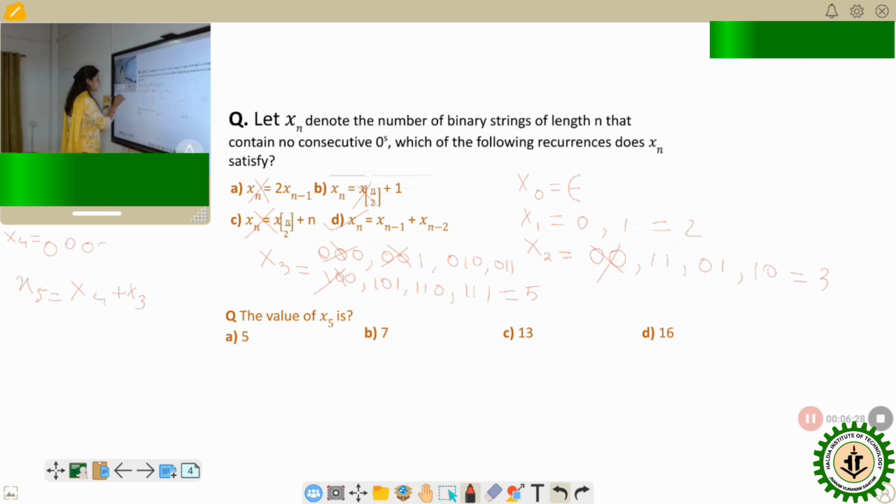0000. But there are consecutive zeros, so this will not be present.